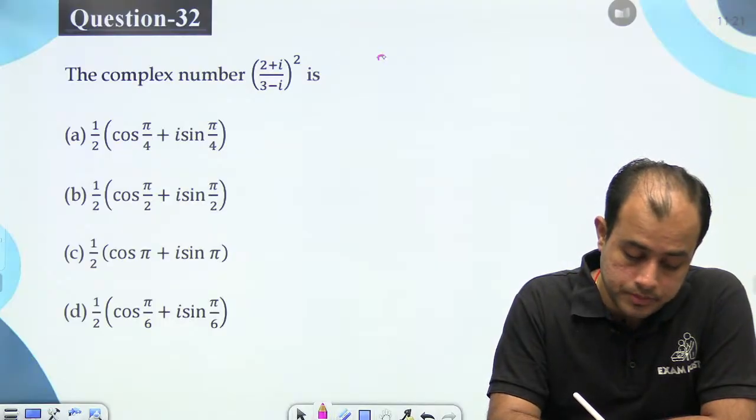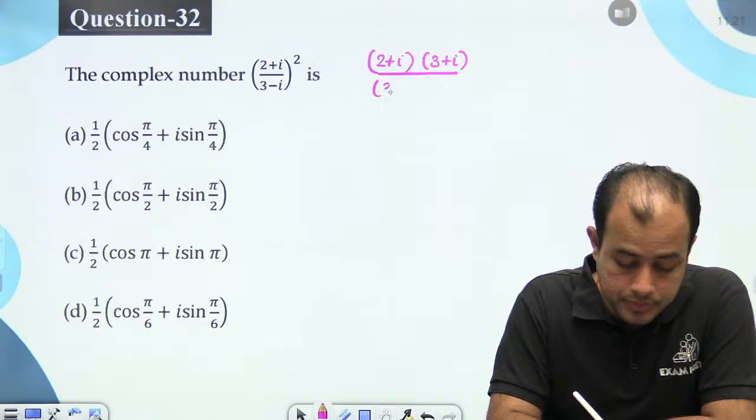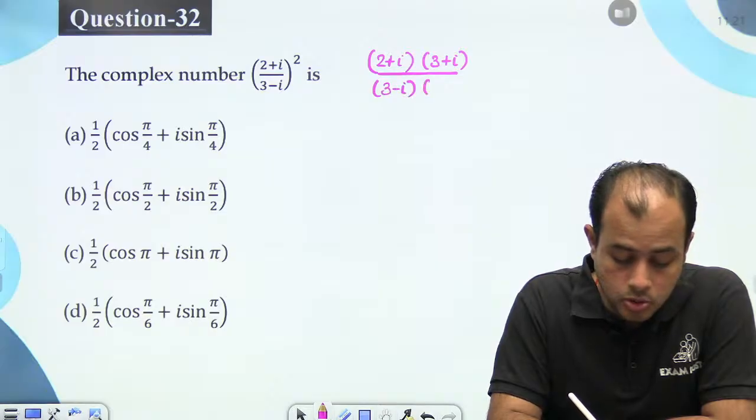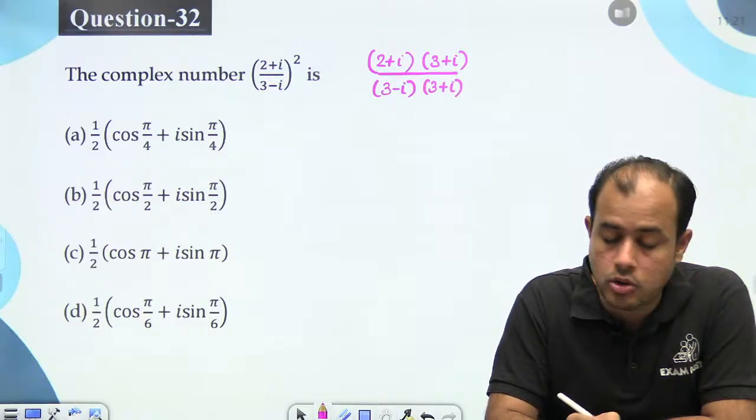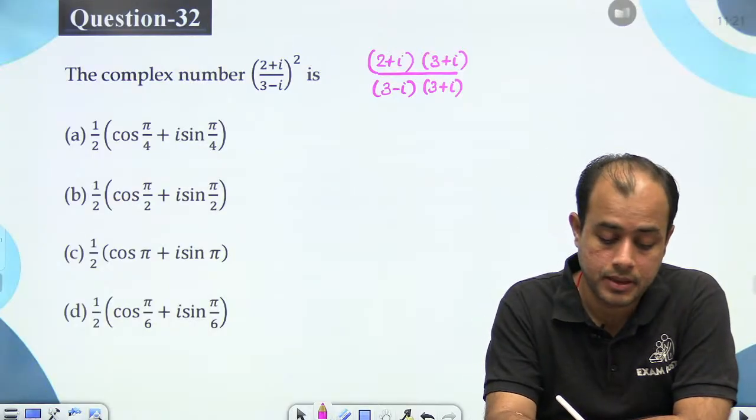Let's see, children. 2 plus iota. I'm rationalizing it. How to rationalize? Multiply by the conjugate of the denominator and divide by the same factor.